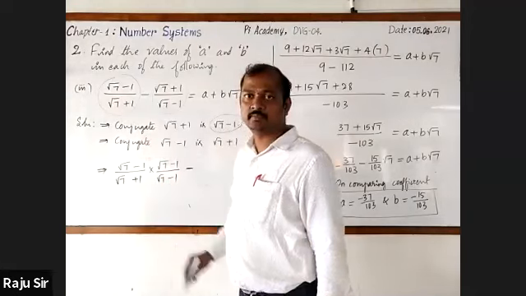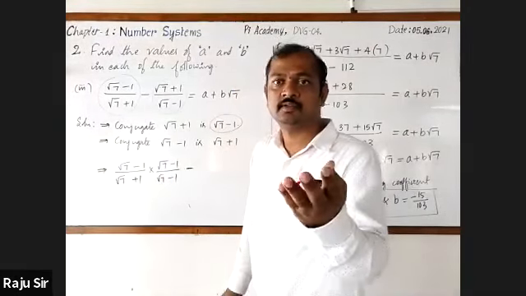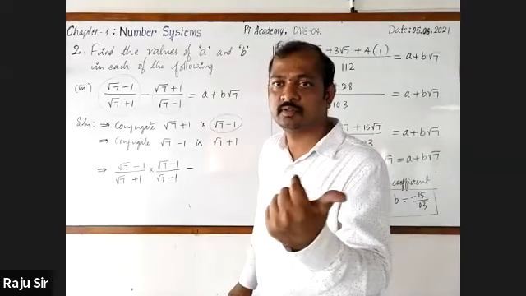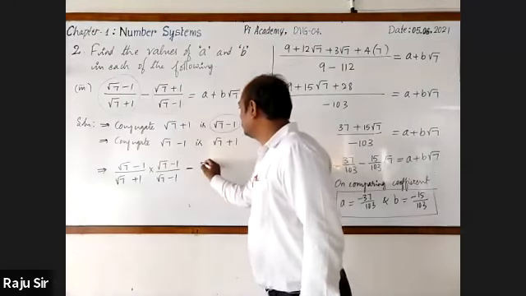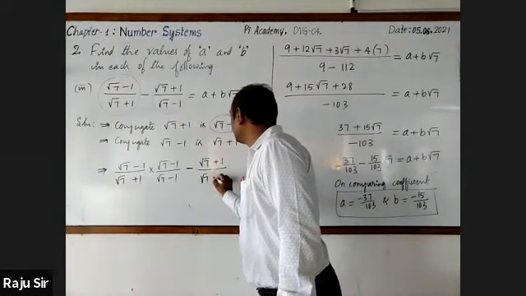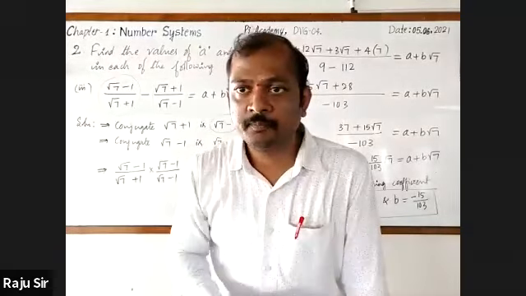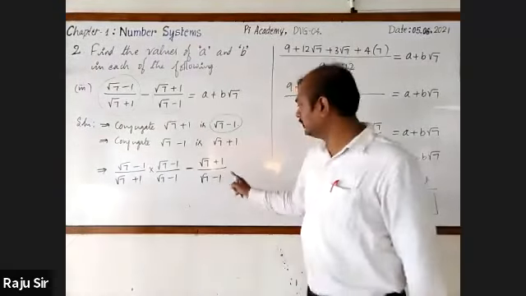Minus. Take the second term: root 7 plus 1 by root 7 minus 1. Dhruti, continue this step.